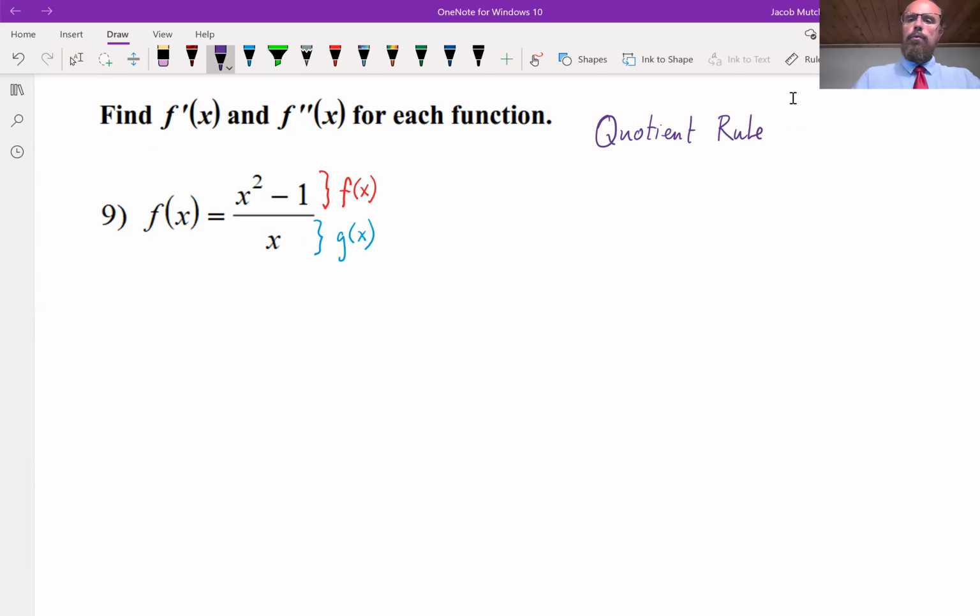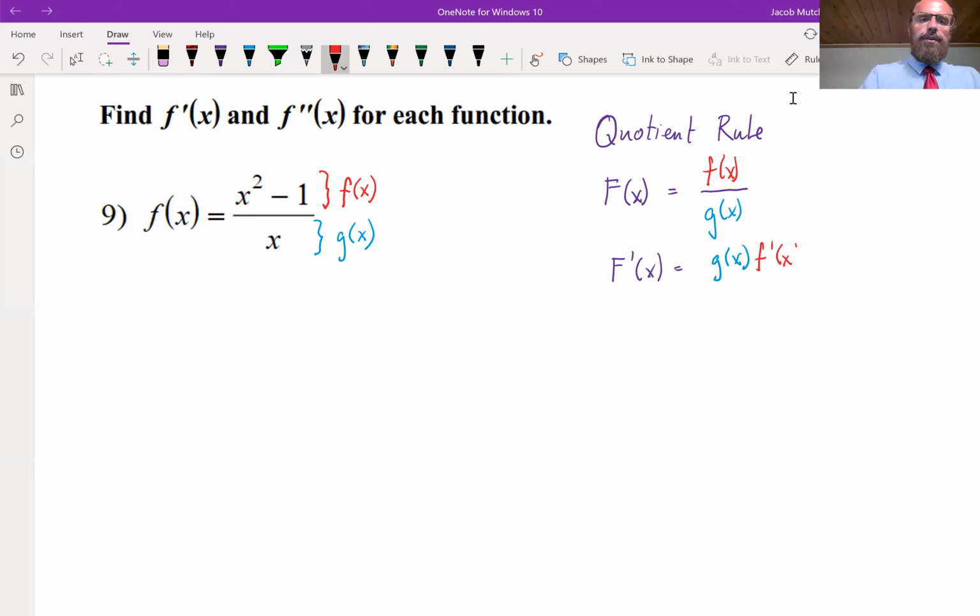So again, let's say the quotient rule. If I've got a big function, big F of x equals f of x over g of x, both lowercase, then the derivative of that big F of x is going to be the original g of x times the derivative of f of x, the one in the numerator.